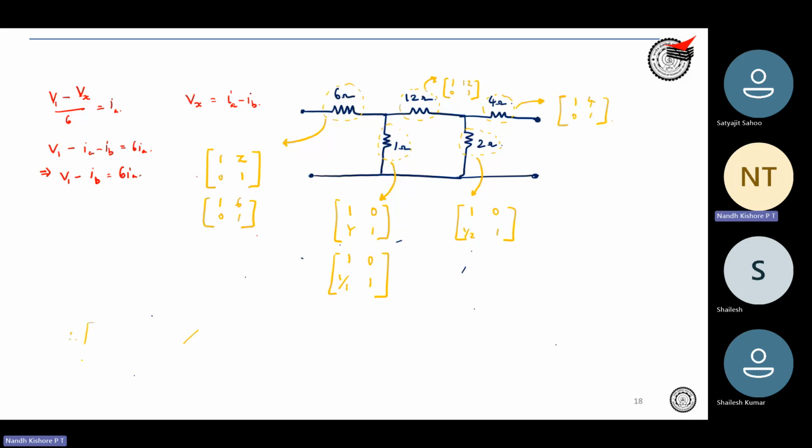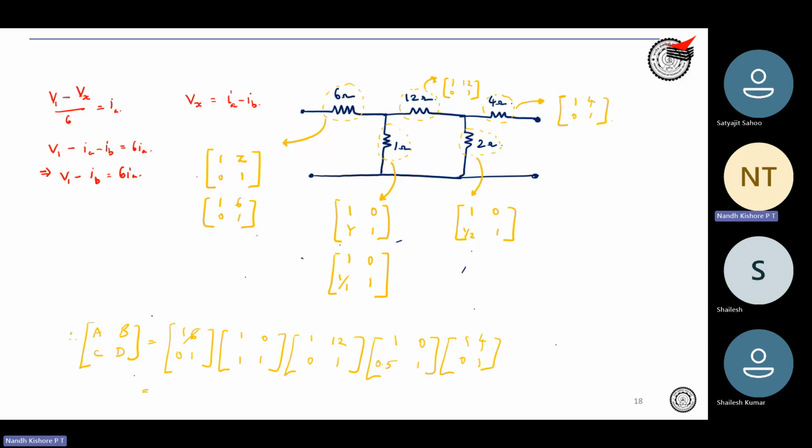Now all of these elements are in cascade, right? Therefore, your transmission line parameters A, B, C, D can be written as the multiplication of all of these: 1, 6, 0, 1 multiplied by 1, 0, 1, 1 multiplied by 1, 12, 0, 1 multiplied by 1, 0, 0.5, 1 multiplied by 1, 4, 0, 1.